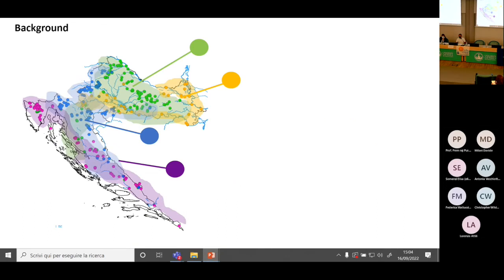So within Croatia, we have four native freshwater crayfish species. We have the noble crayfish, Astacus astacus, distributed mainly in the continental part of Croatia, but some populations were introduced to the Mediterranean region, because the noble crayfish is a species that people use for consumption, so it was frequently taken around and introduced in many places.